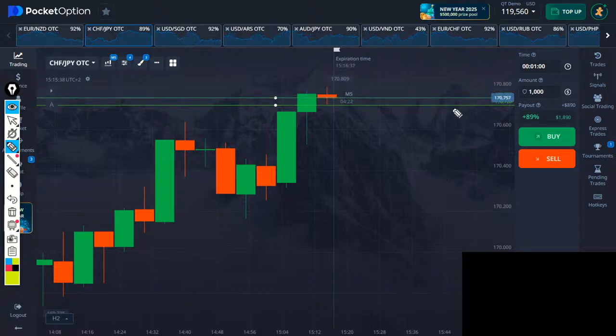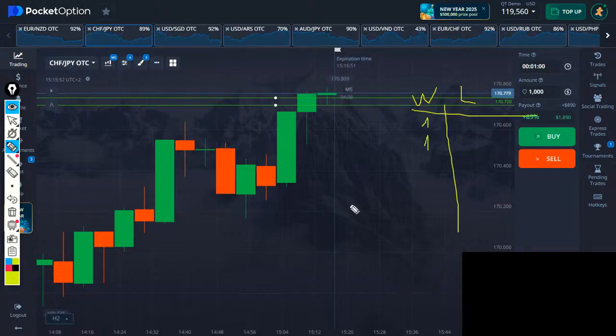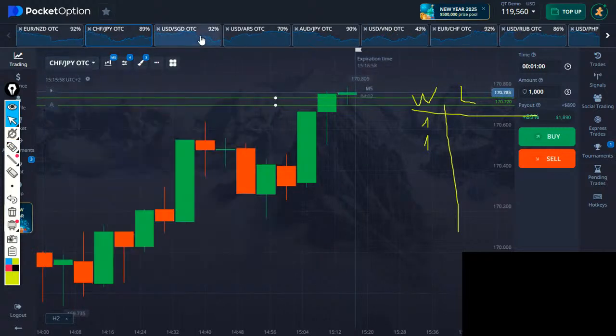So we have the winning trades over here and the losing trades over here. Till now we have two winning trades. Let's keep on testing. Let's see another pair.